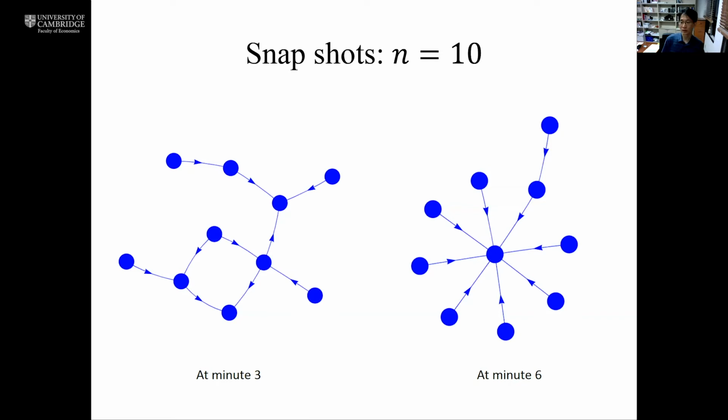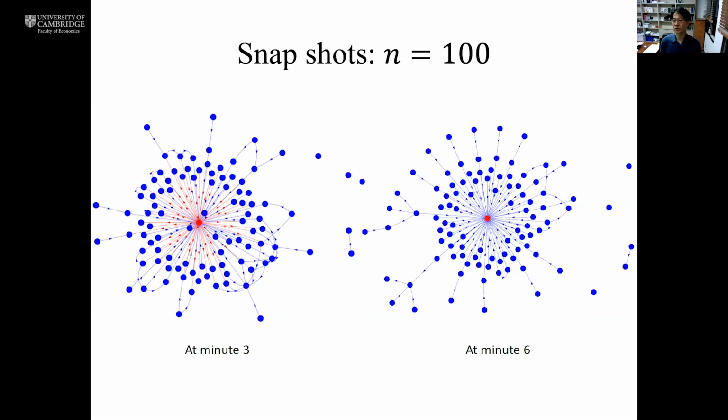But by the end of the game, the star-like structure emerges even in the small group size. When you look at the larger groups, like n equal to 100, we often observe at the very beginning many linking activities.